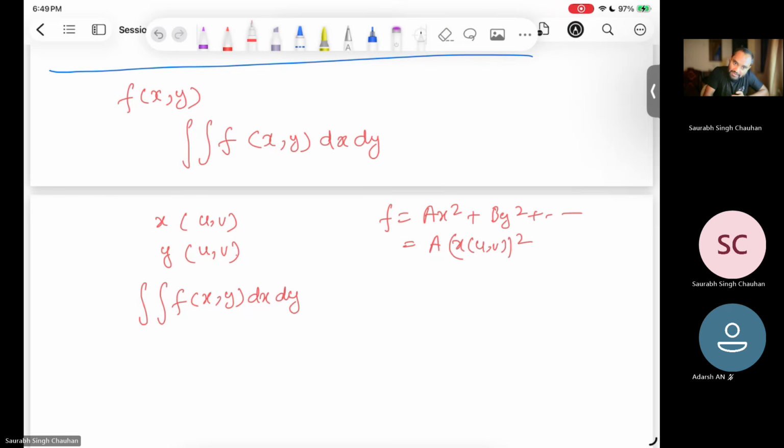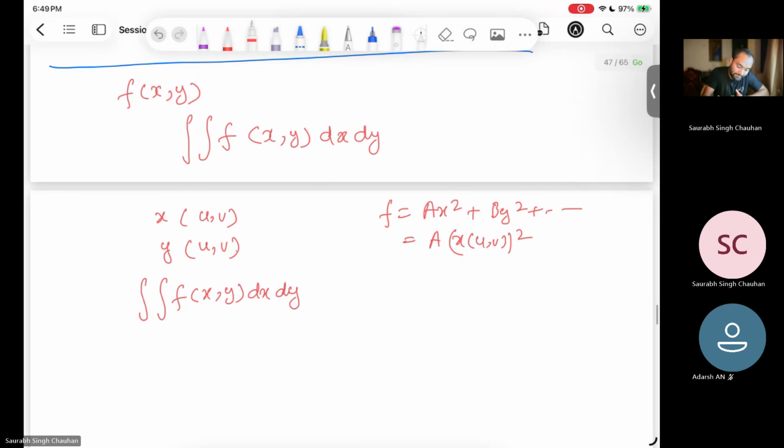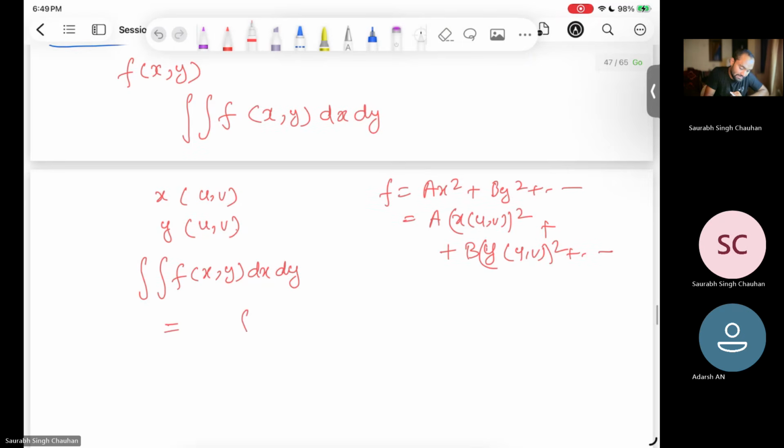So ultimately you will get the whole function f in terms of u and v. Plus b, y is also a function of u and v, and whatever the function is, you can transform accordingly. Okay, fine.